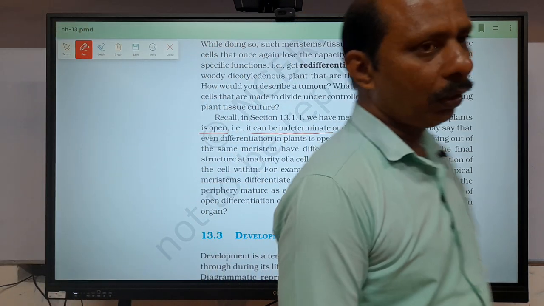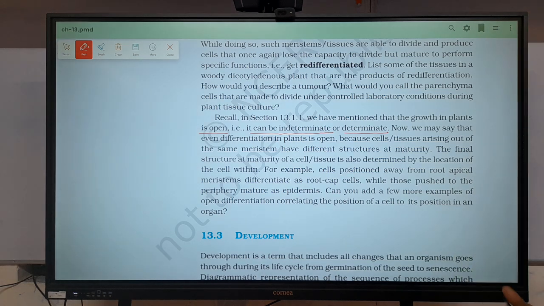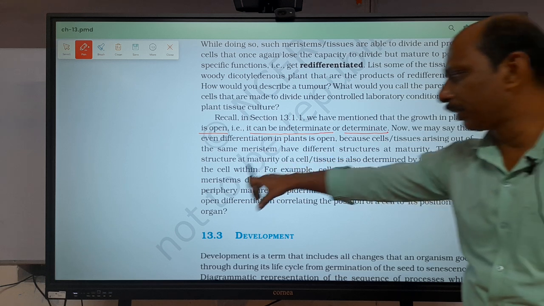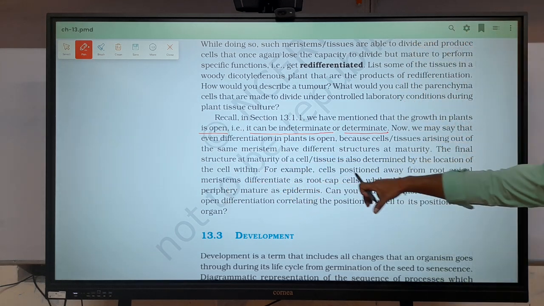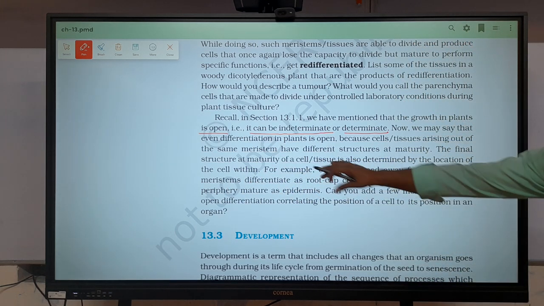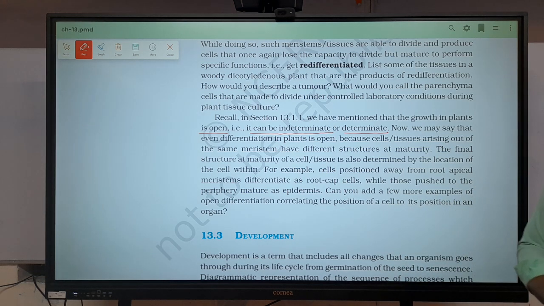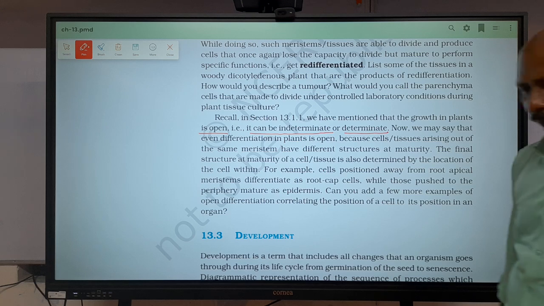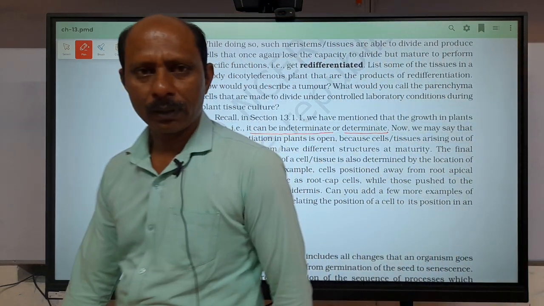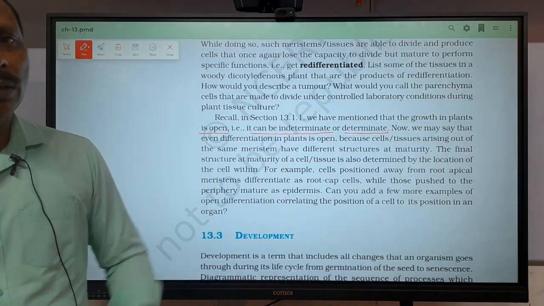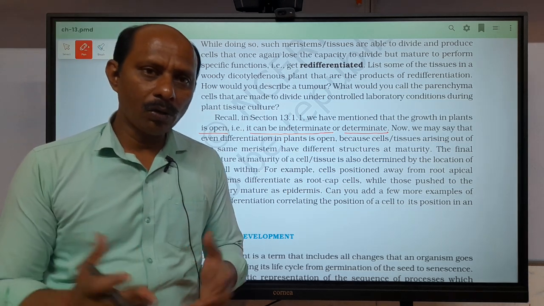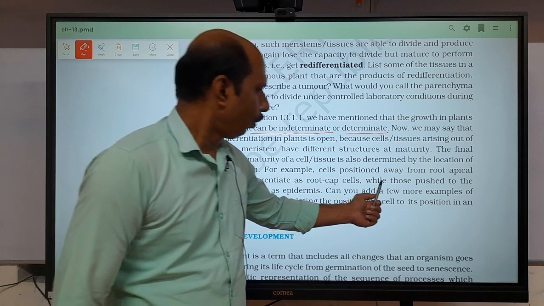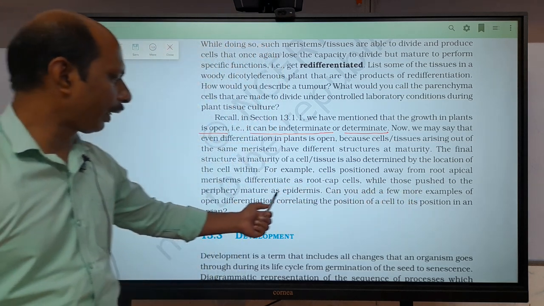For example, a cell positioned away from the root apical meristem differentiates as a root cap cell. That means if it is a calyptrogen, in case of monocot, it forms the root cap cell. In case of dicot, dermatogen is there, so they form the root cap, while those pushed to the periphery mature as epidermis.